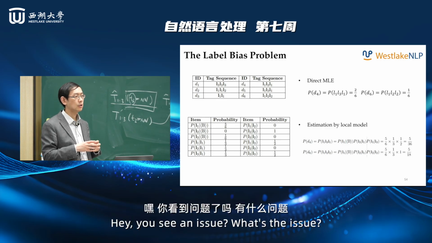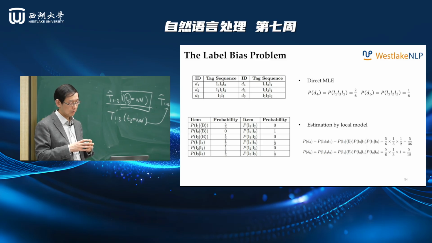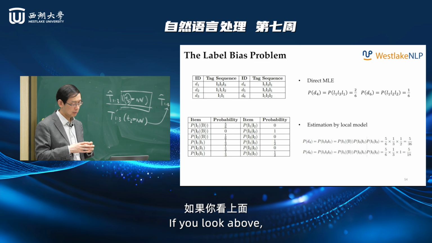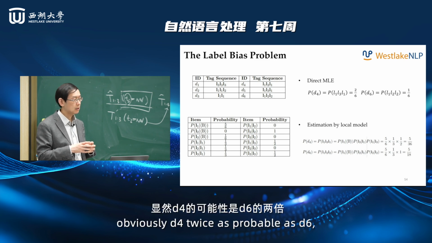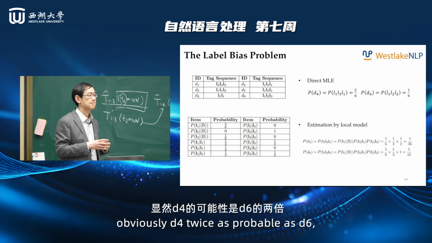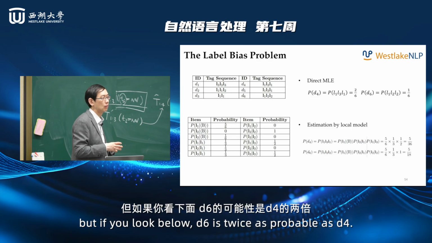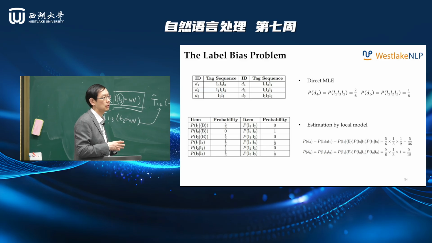Hey, you see an issue. What's the issue? If you look above, obviously D4 is twice as probable as D6. But if you look below, D6 is twice as probable as D4. Okay?